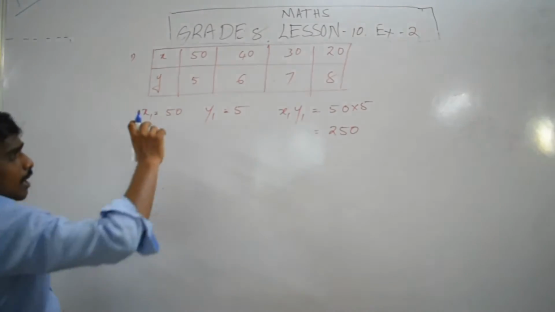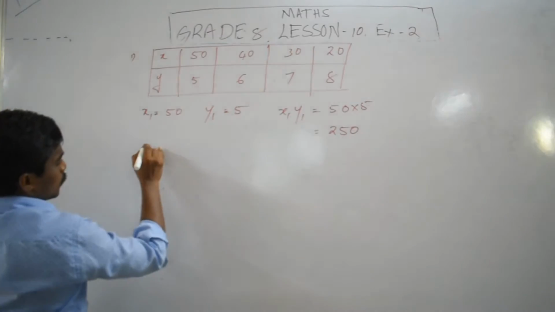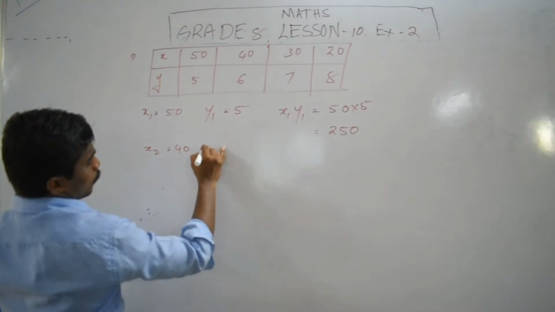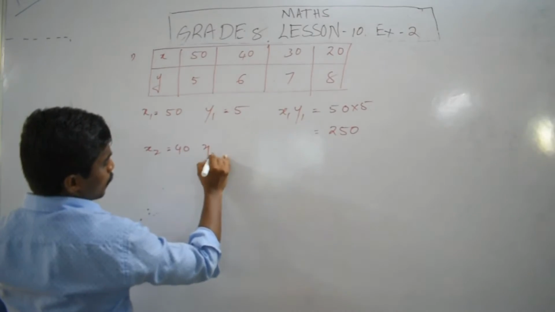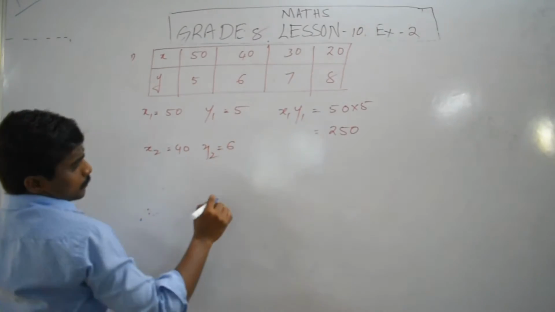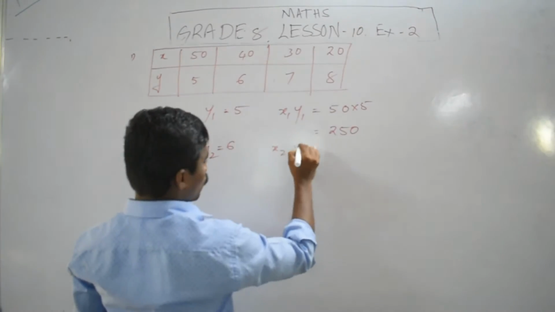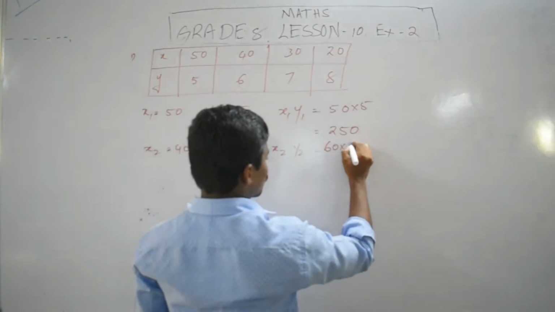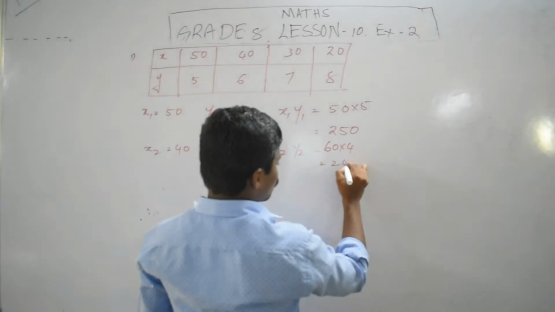Now we check these two. x2 is 40, y2 is 6. So x2 times y2, how much? 40 times 6, 240.